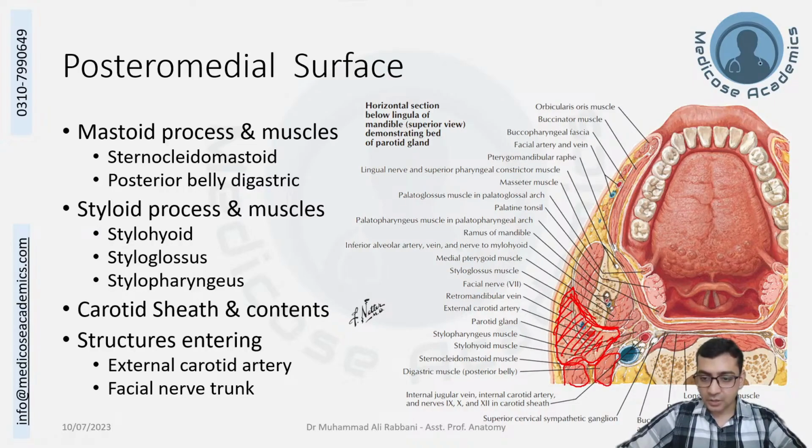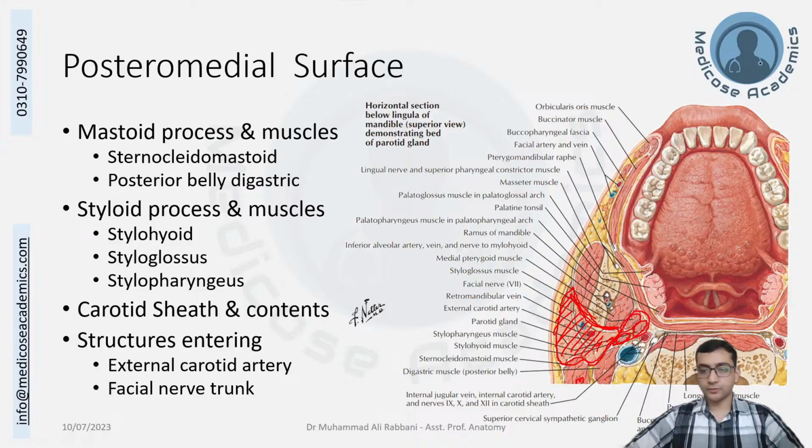This is sternocleidomastoid on the outside and posterior belly of digastric on the inside. Then we can see the styloid apparatus, not actually the styloid process, but the three muscles right here. We can see the stylohyoid, the stylopharyngeus, and the styloglossus muscle.